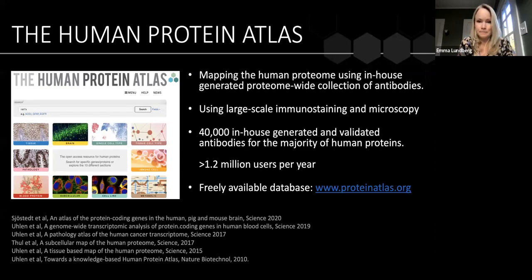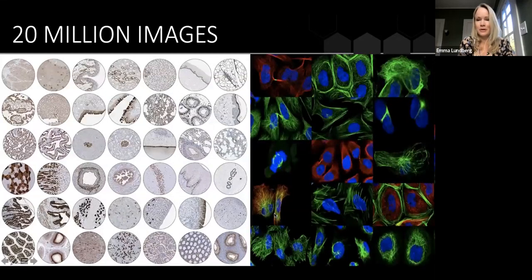I don't have it in my presentation, but happy to discuss it later if you want to do that. So basically, what I do want to point out is that the most important raw data that we have in the Protein Atlas is images. So we have about 20 million images that have been systematically acquired and systematically annotated. So these are a great resource to develop machine learning models, for example, for image interpretation. And to the left here, you can see the immunohistochemical images that outline the cell type expression in situ in tissue sections.